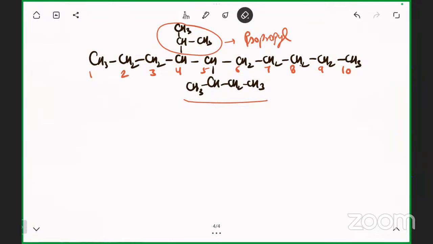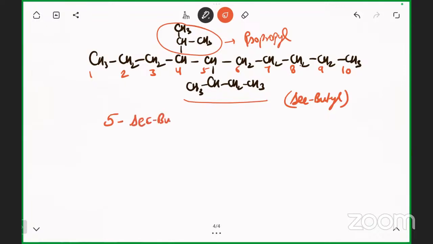Butyl, secondary butyl, it will be more correct. The name will be 5-secondary butyl, 4-isopropyl, and then 10 carbons, so we'll take decane. Okay. This is good.